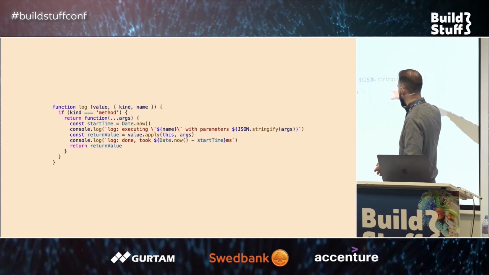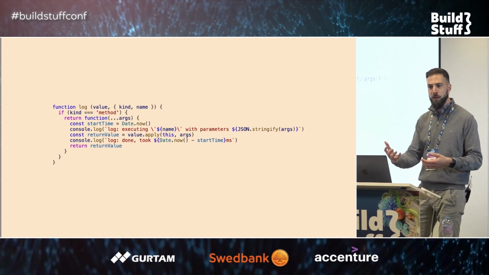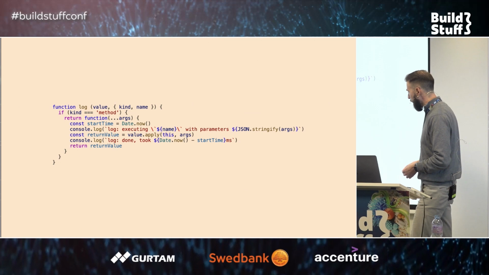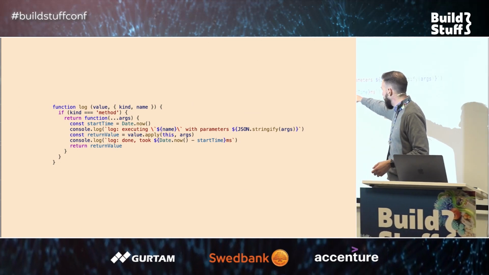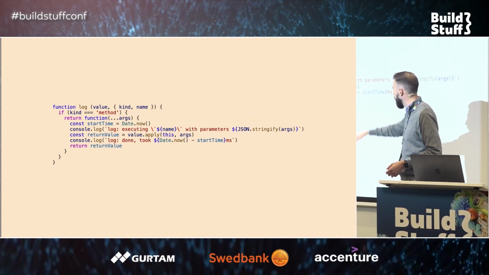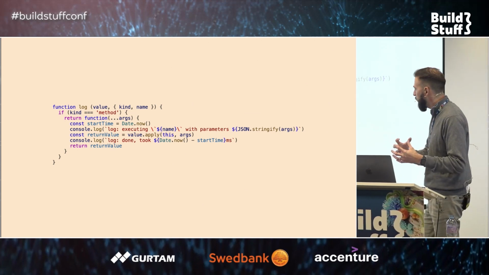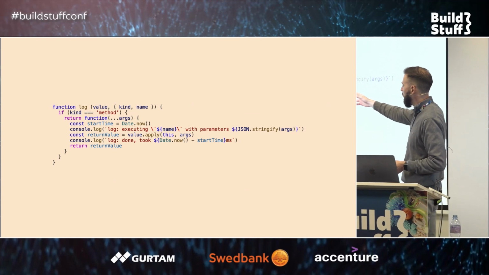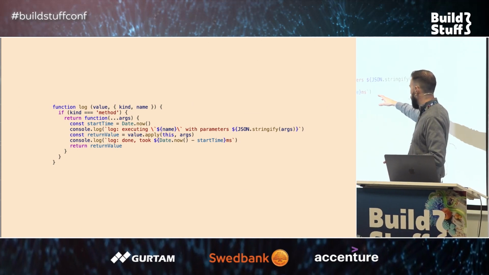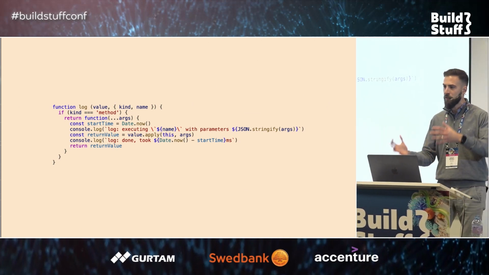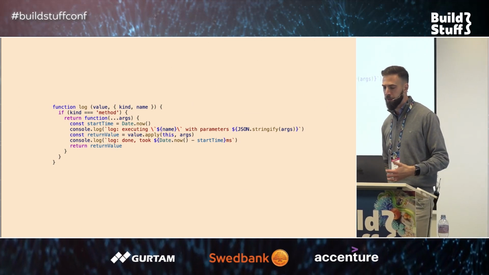And then we display all the parameters that were passed to this method. Then we call the original function, which is just going to be value there. We get the return value. Then we log, okay, it's done now, it took so and so many milliseconds, and then we return the original value.